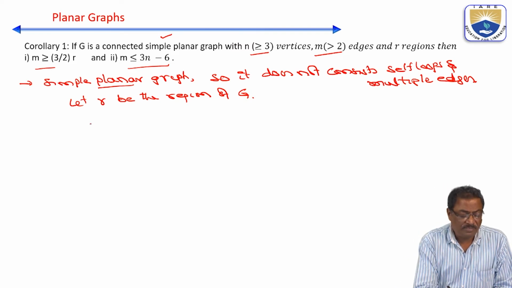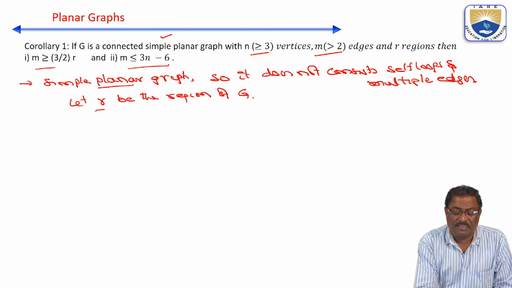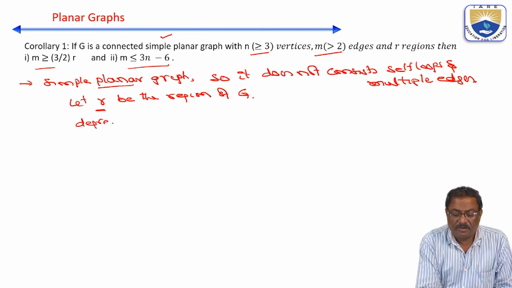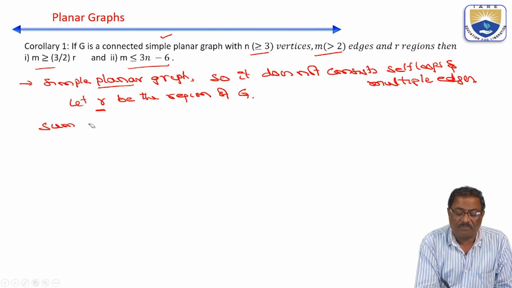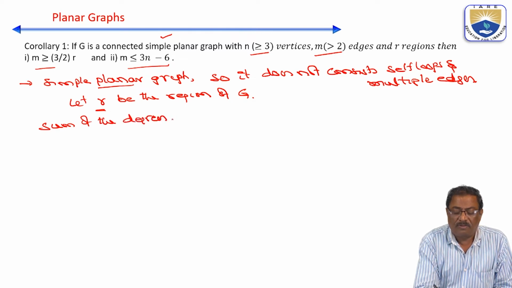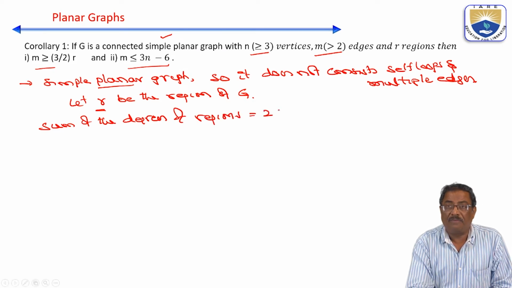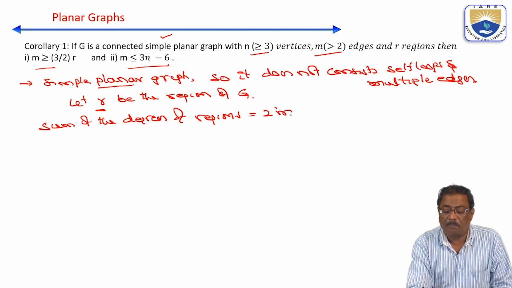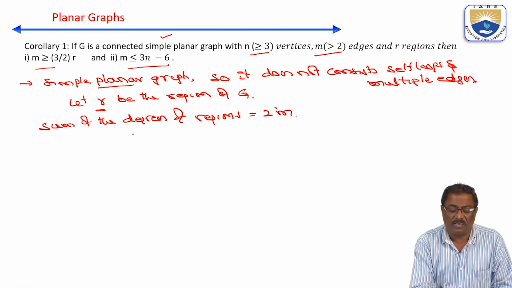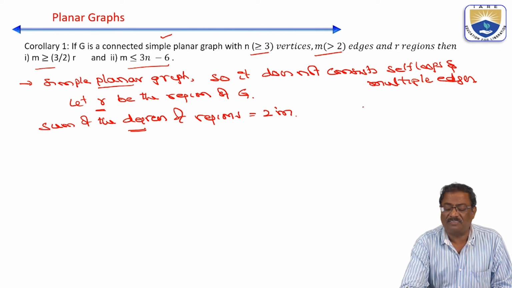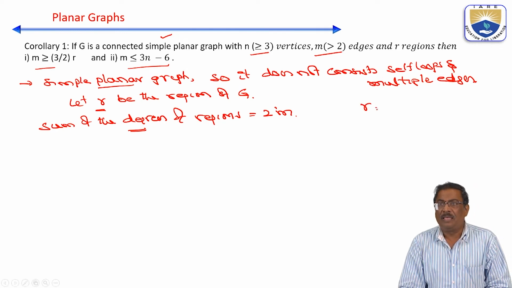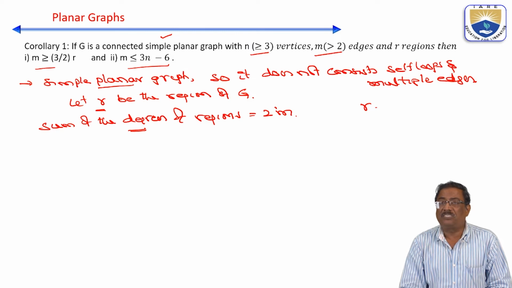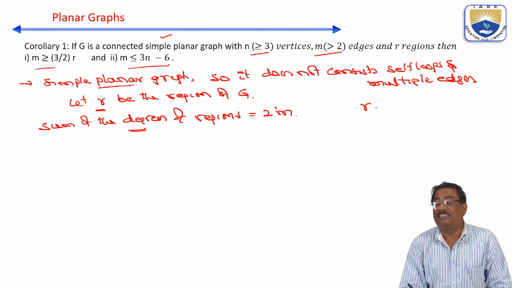And now, for each region, the sum of the degrees of regions equals an even number, that is nothing but 2 times the number of edges. So here, how many regions are there? There are R regions. Each and every region must be bounded by at least 3 edges.